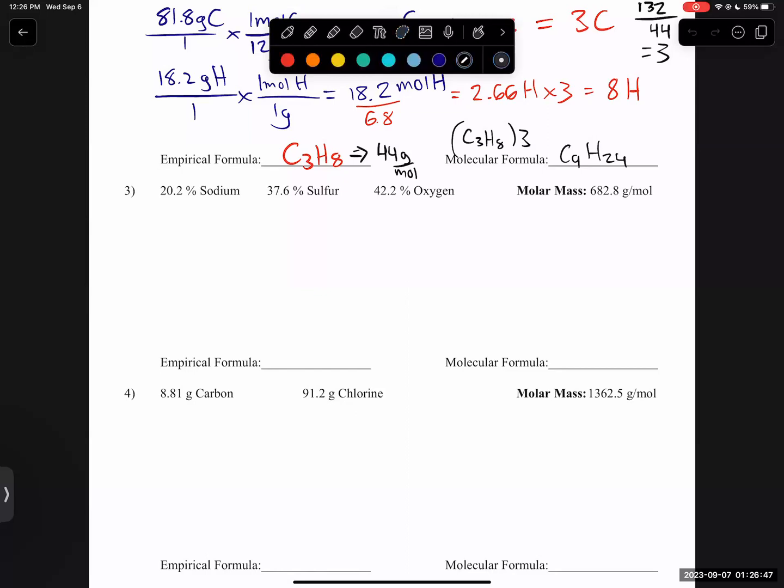That just tells us there's 20.2 grams of sodium in that sample, and then we know that the molar mass is around 23 grams per 1 mole. And that's it. And y'all do the math for the rest.